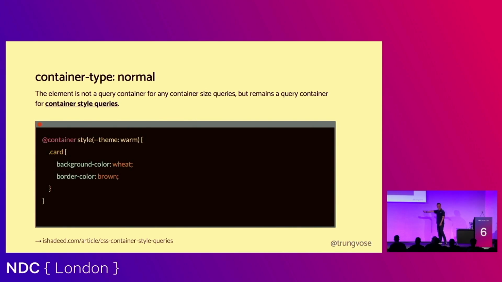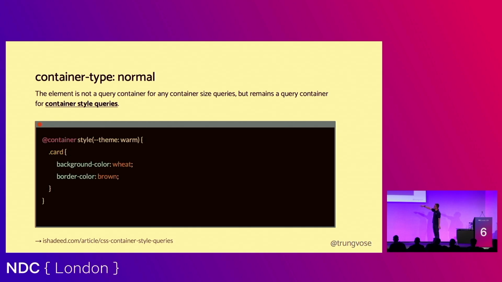And then the last one doesn't sound very normal at all. Container normal. But I think it's for something new in the future, where you can use CSS, and let's say you put a custom property on the parent, and now you can query it using CSS. So it works very similar to the props we just saw. But then you can use CSS to query it, which is interesting. I never tried it, I've just read the article.